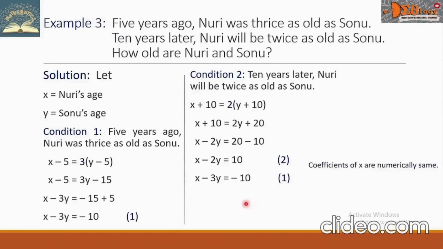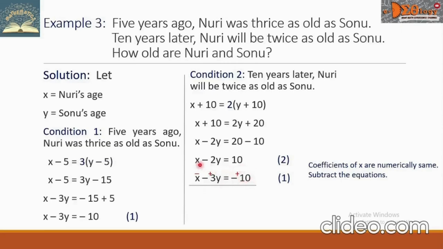Now we can see that coefficients of x are numerically same. We can subtract the equations. In doing so, we need to change the sign of the terms of the second equation. x becomes negative, negative 3y becomes positive, negative 10 becomes positive.